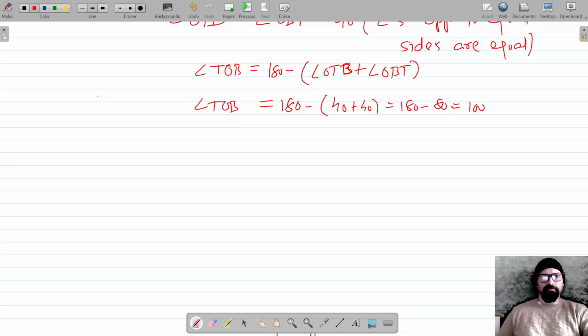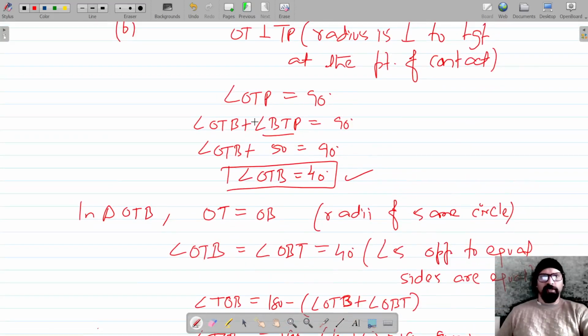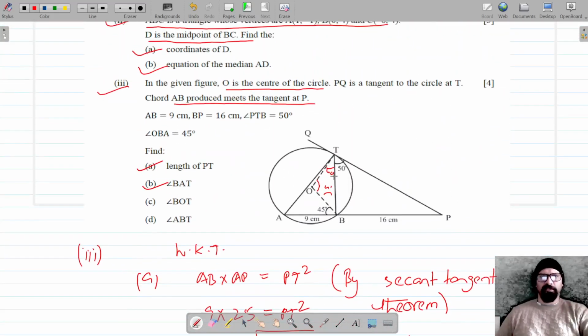This angle TOB is twice. So we have got angle TOB and we have to find angle BAT. So this is angle BAT. This angle is subtended by this chord at the remaining part of the circle, and this chord subtends the same angle here. So this angle is half.